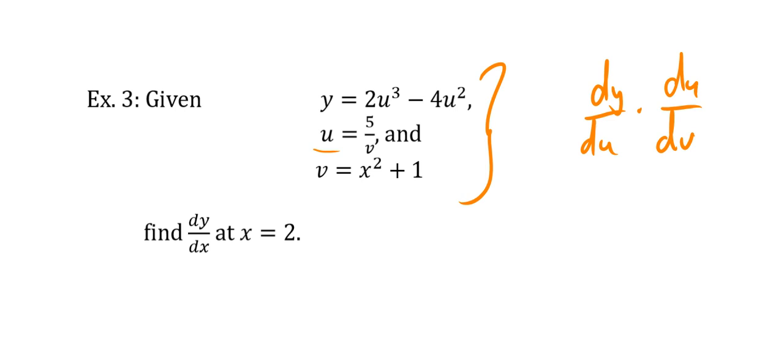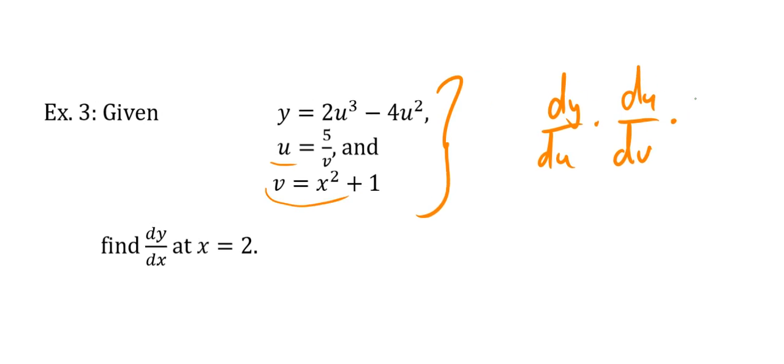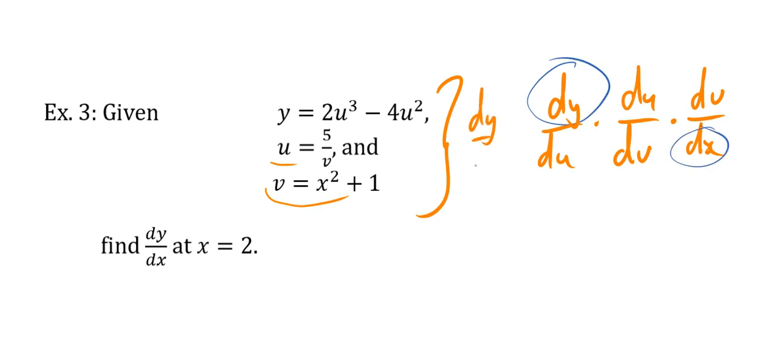And you can see how, if you think of them as fractions, those cancel, right? That's kind of what's going on. And then I have v in terms of x, so dv by dx, and I end up with dy by dx equals all of that.